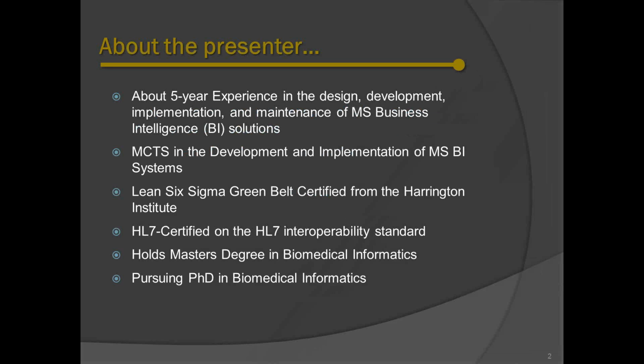In a nutshell, business intelligence, without going through the definition of Gartner or other definitions, although I'm showing it on the screen, business intelligence systems are a bundle of tools that help transform data into information, so informed decisions can be made.